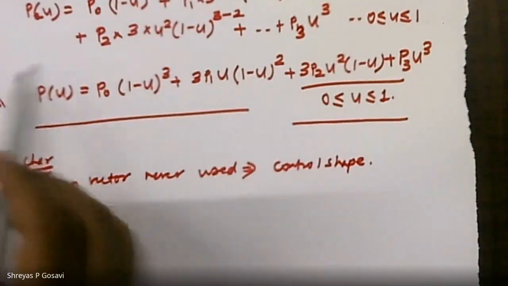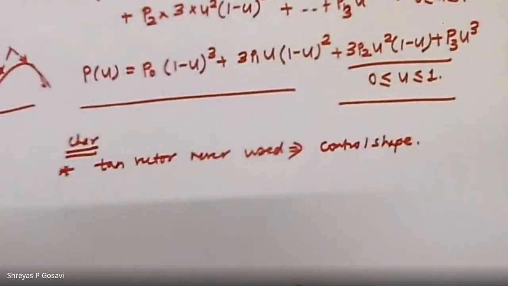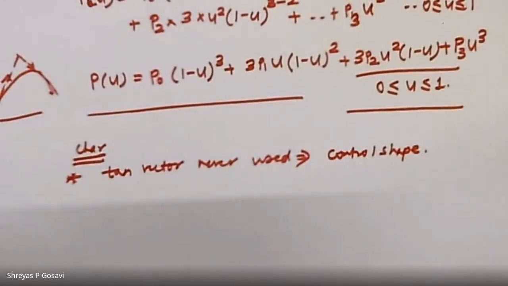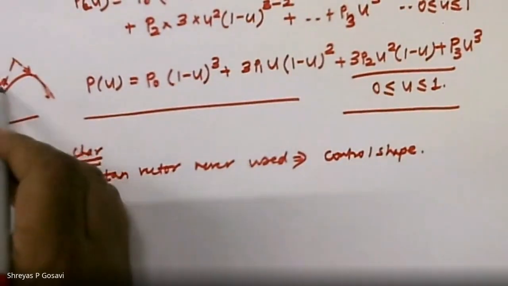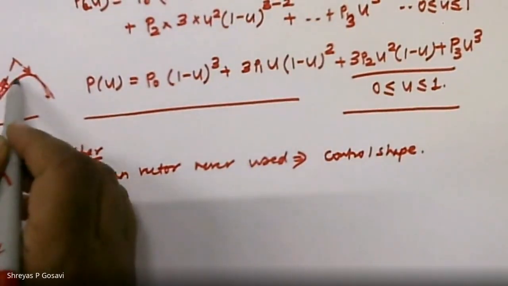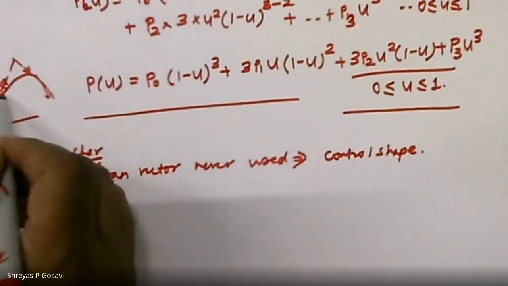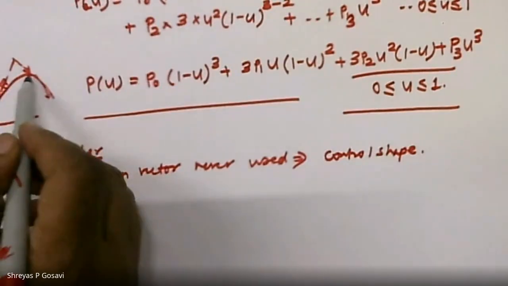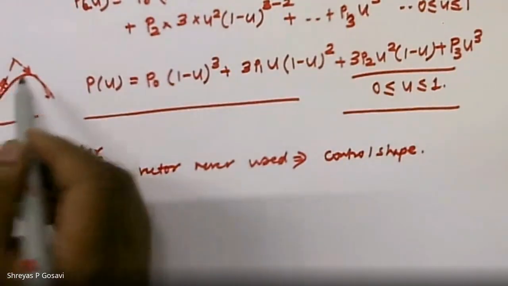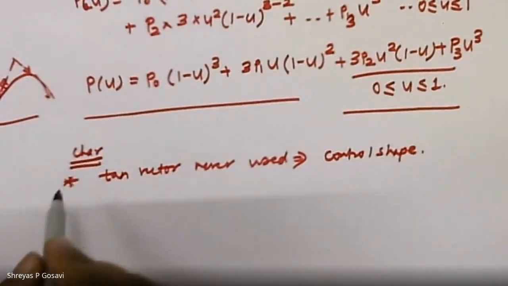If the direction of the tangent vector was changed, the angular orientation with respect to the curve would remain constant, but the shape of the curve got changed.